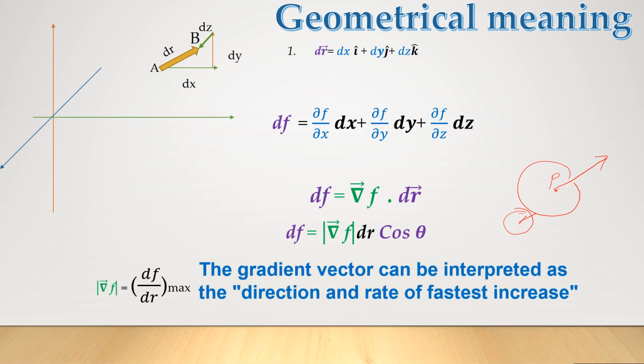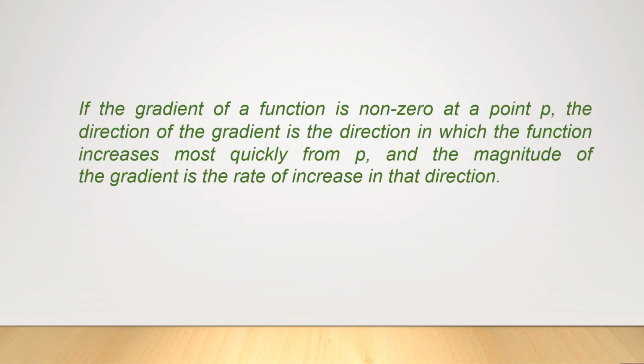I have taken this definition from Wikipedia. The gradient vector can be interpreted as the direction and rate of fastest increase. In clear words, if the gradient of a function is non-zero at a point P, the direction of the gradient is the direction in which the function increases most quickly from P, and the magnitude of the gradient is the rate of increase in that direction.